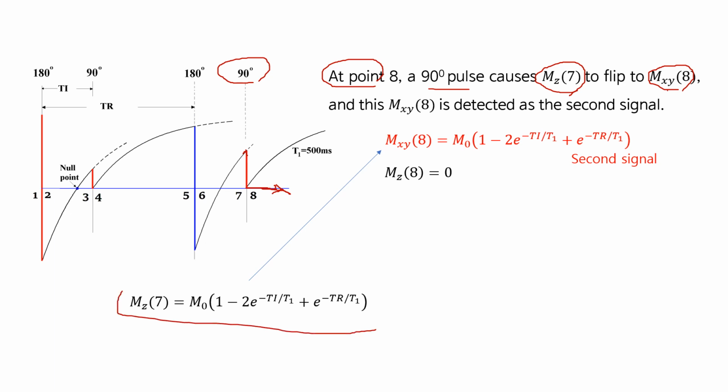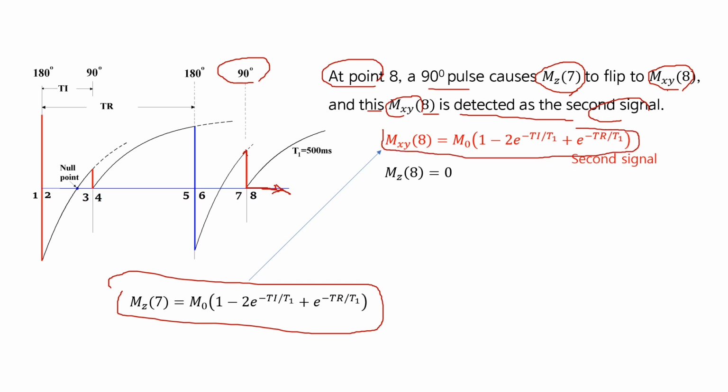So it is Mz7, right? So this Mxy at point 8 is detected as the second signal. So we get the expression for the second signal. So in this way, we found the first signal expression and the second signal expression.